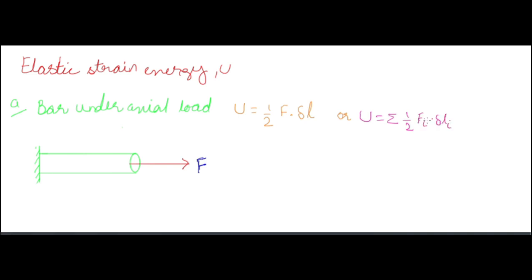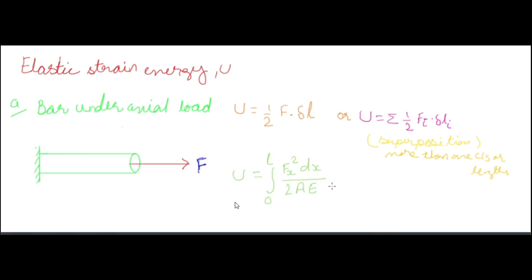So in terms of integration, U is equal to the integral from 0 to L of Fx square dx by 2AE. Here A is the cross-sectional area, which is constant, and E is the modulus of elasticity, which is also constant. A and E are constant values and Fx is varying. So this is the strain energy.